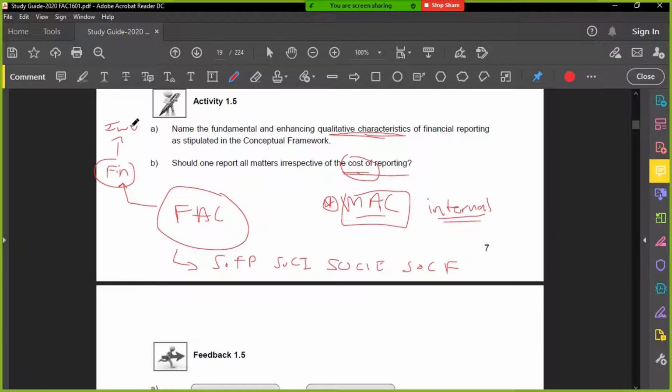Right. So who would do Mac modules? Management accountants. Yes. People studying business management. People doing operations management. It's more internal. It's not so much external. And Mac is looking more specifically at costs. So allocating costs, absorption costing, marginal costing.